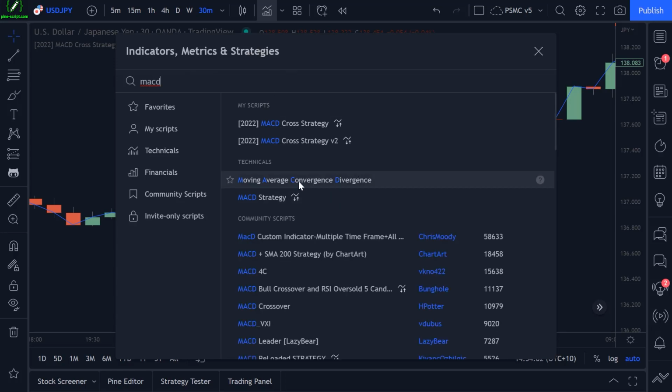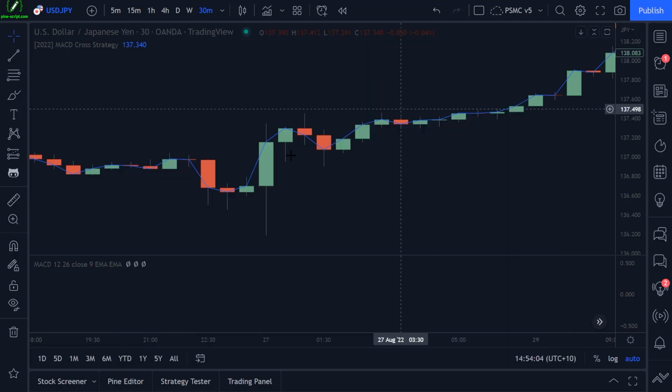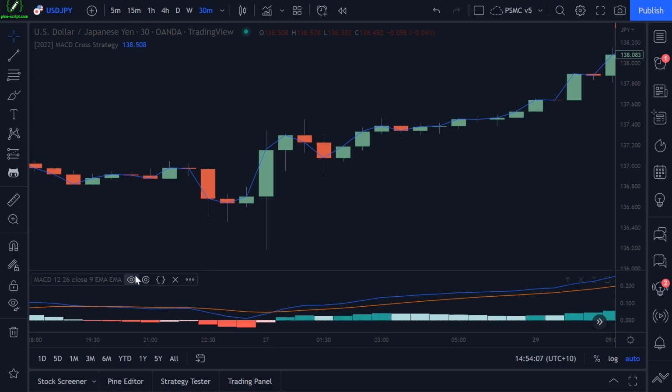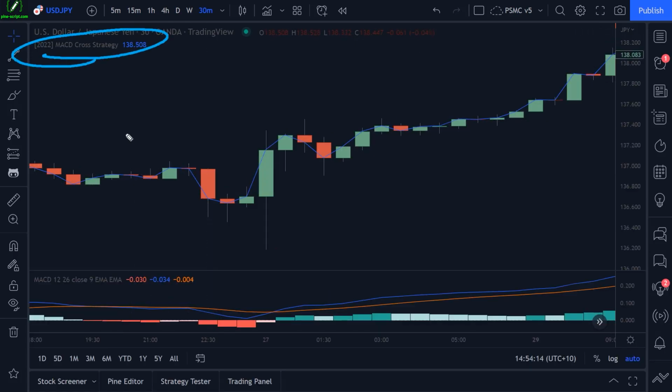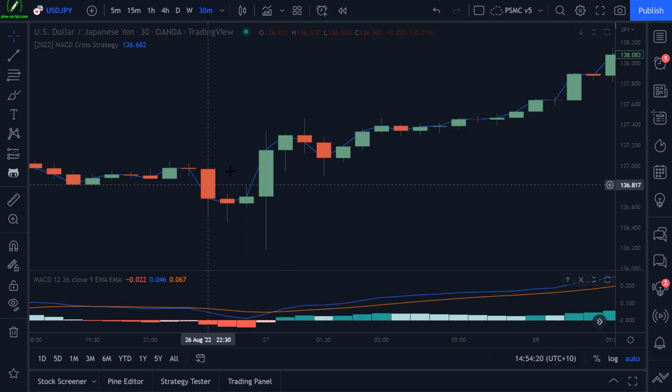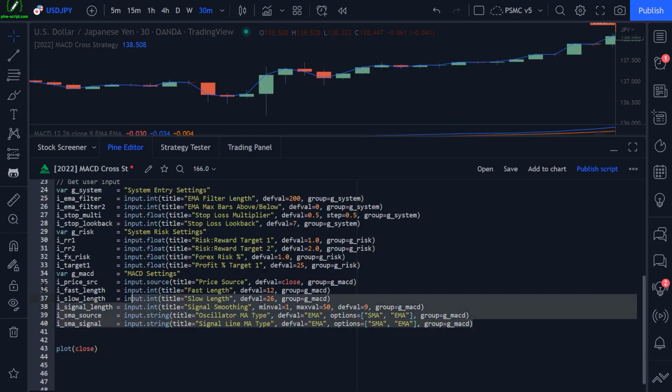And you want this one here, moving average convergence divergence, and the default settings are what we're going to be using in today's lesson. But because our script cannot speak to this script, we need to replicate the MACD in our strategy script so that we can get these values here. So that's why we have these inputs.